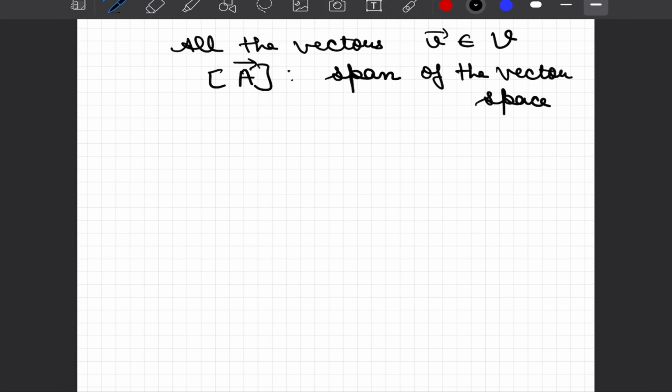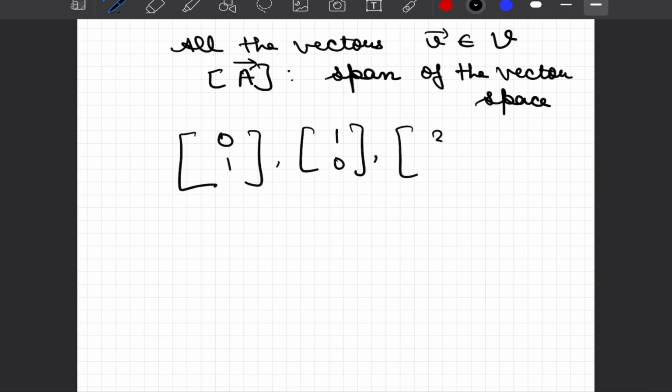For example, let us consider that we have three vectors: (0, 1), (1, 0) and some other (3, 0).